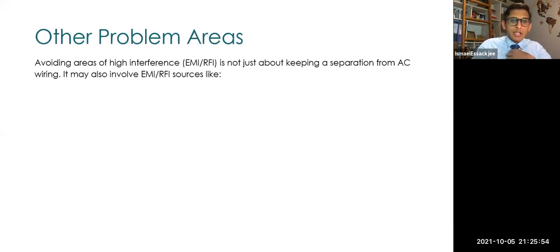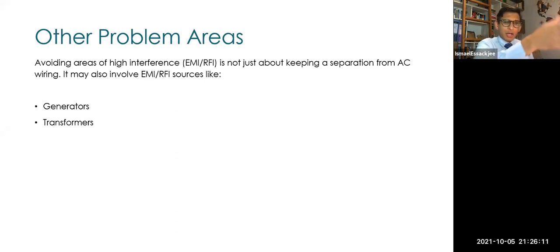Other problem areas when it comes to electromagnetic interference can be when you have a generator nearby, maybe in the same building, and you have cables. Usually this is in some specific area, which we call a service area. You have a generator, standby generator, maybe transformer and so on. This is where all your cables are going through.